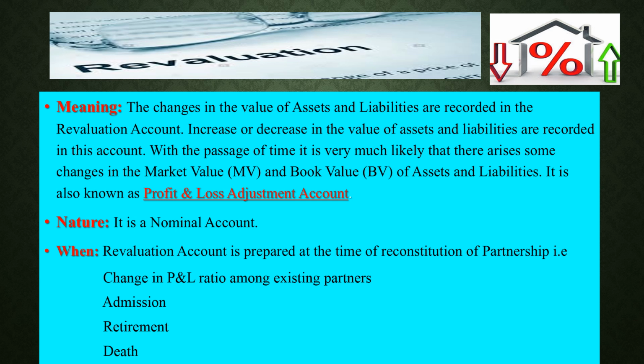This account is also known as profit and loss adjustment account. Nature of this account is nominal. Revaluation account is prepared at the time of reconstitution of partnership, that is, change in profit and loss ratio among existing partners, admission, retirement, and death.